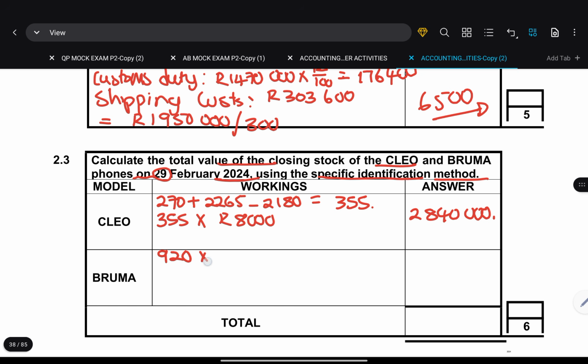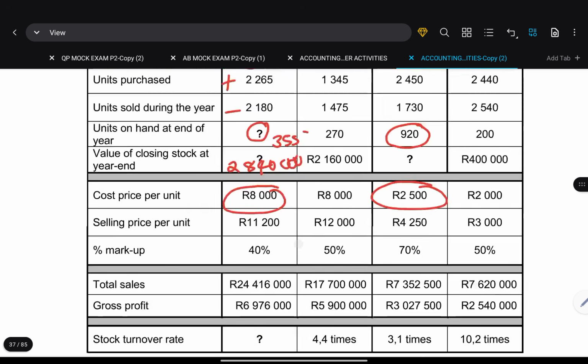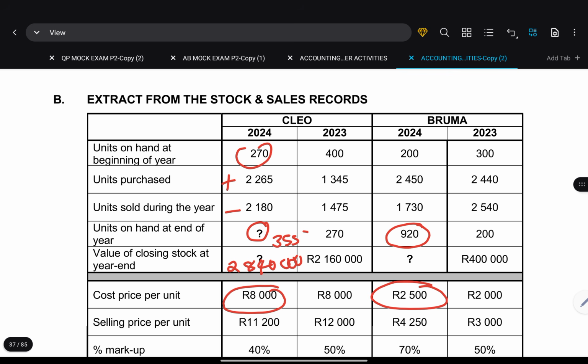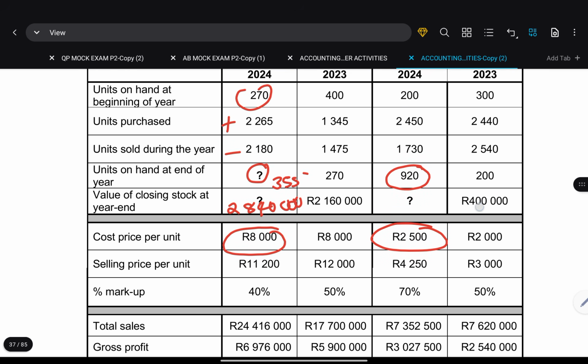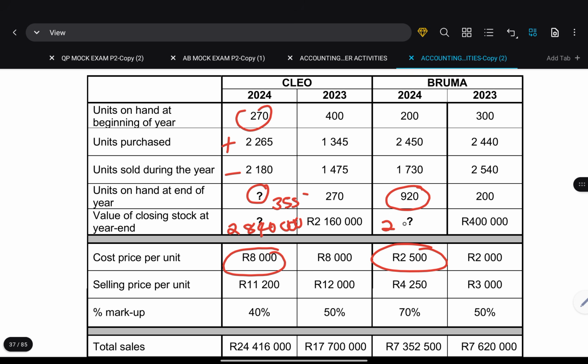Let's see how much we get. 920 multiplied by 2.5 gives us 2,300,000. Remember, there's no return that took place, so you just take your 920, multiply it by 2,500, and it gives us 2.3 million.